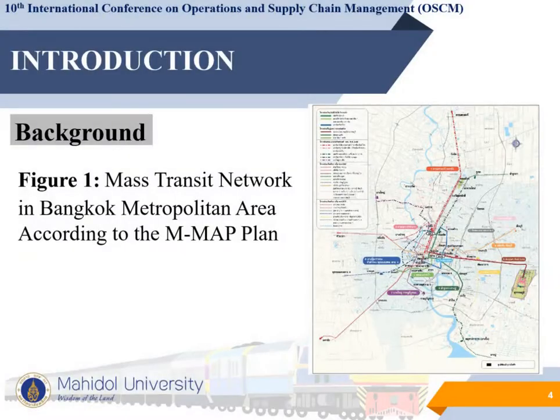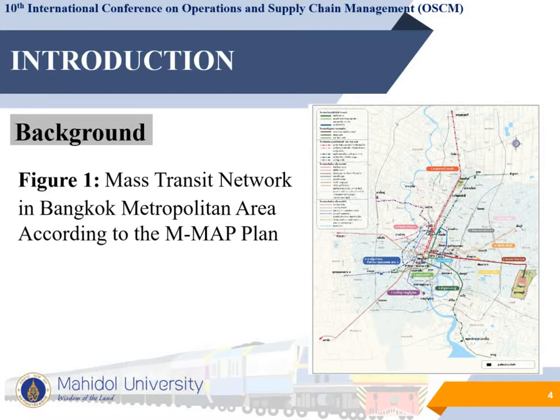Introduction. The background from Figure 1 is the mass transit network in the Bangkok metropolitan area. According to the map plan, there are 12 routes in the network, with the Red Line train being the suburban train network.